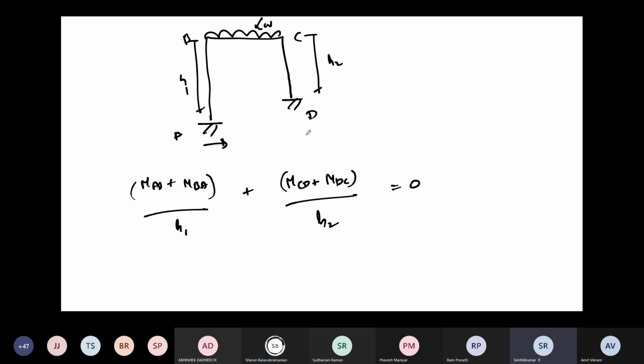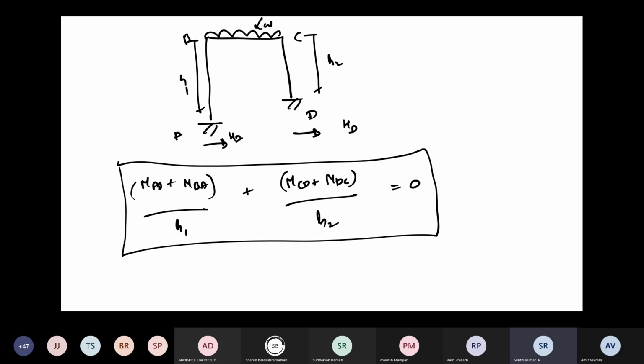The thing is, this is your HA, this is your HD. We don't have any other external horizontal loads, so nothing is going to be there. This is your shear equation. As of now, everything we assumed as positive. That's why in your problem it comes as a negative, you can directly put a negative value.